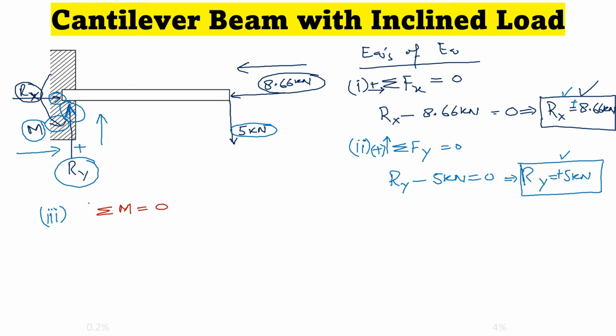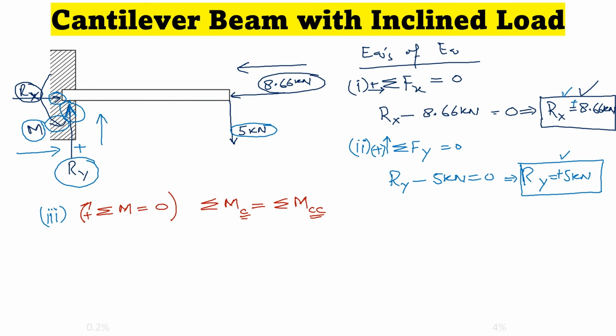You can take arbitrarily that the summation of clockwise moments will be taken as positive and counterclockwise moments will be taken as negative. Or simply, there is another equation which can be used. You will sum the moments in clockwise direction and equate with the sum of moments in counterclockwise or anti-clockwise direction.